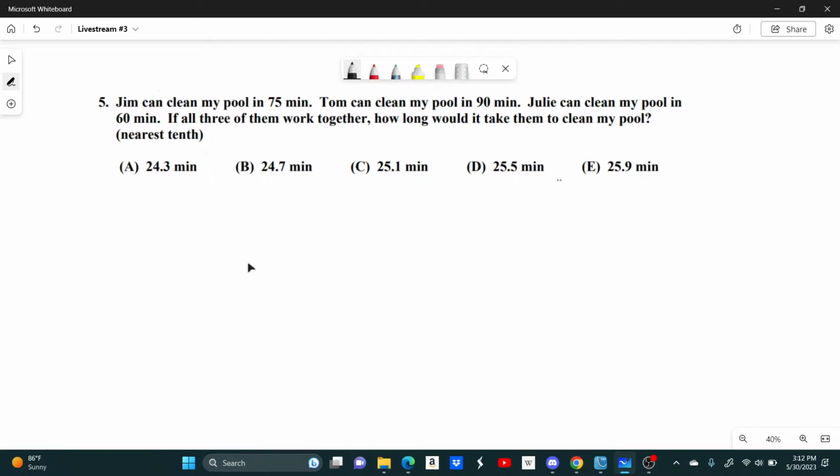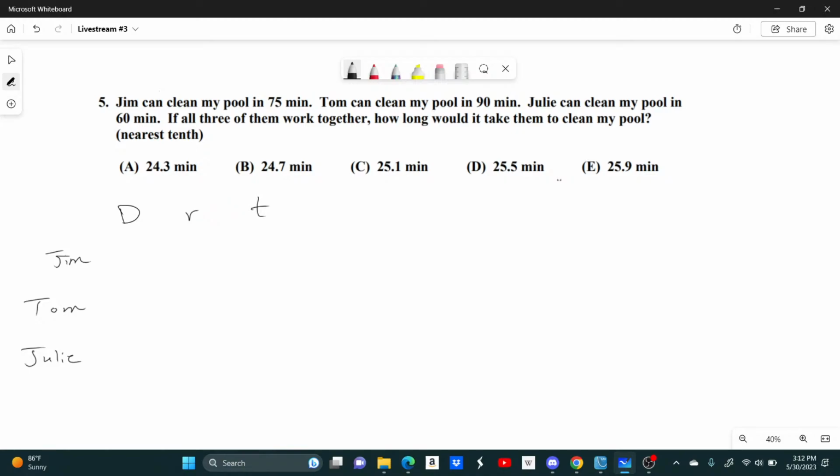Okay, it's kind of a distance rate time problem in disguise, but I'll show you what I mean by that. So I like to set up these tables. I think they're really helpful. So this is rate, time. Here's Jim, here's Tom, and here's Julie. And I say distance rate time, but it's really just a rate problem.